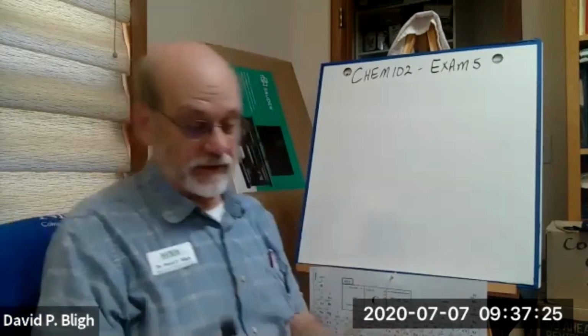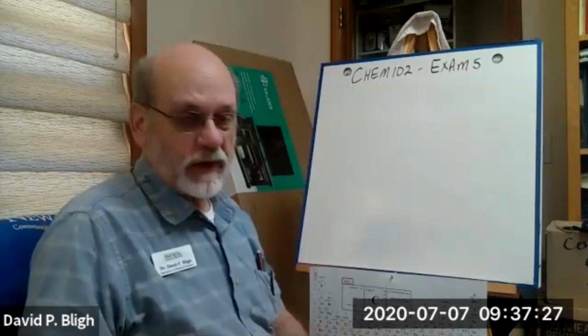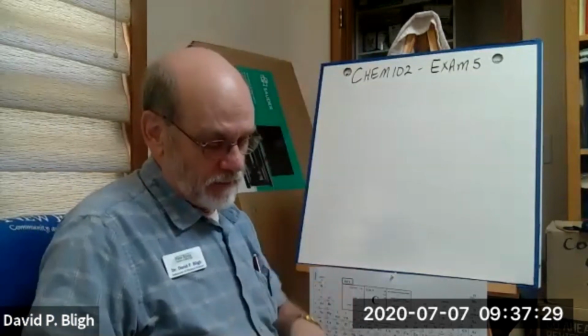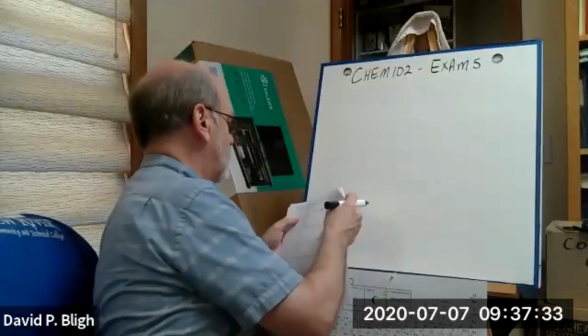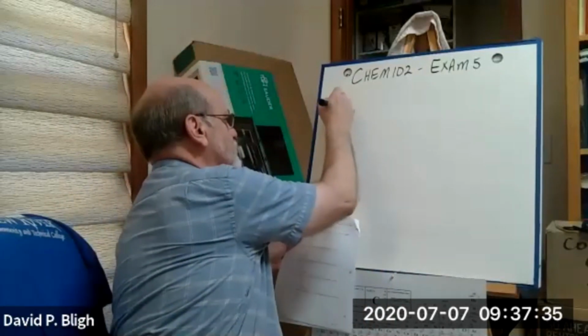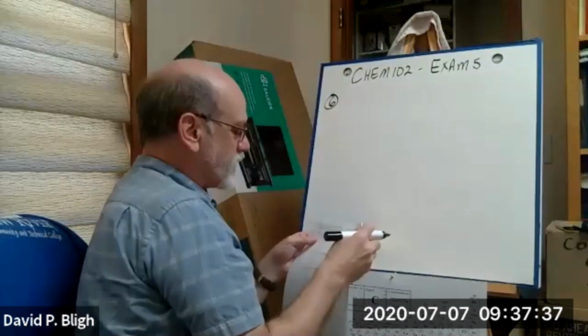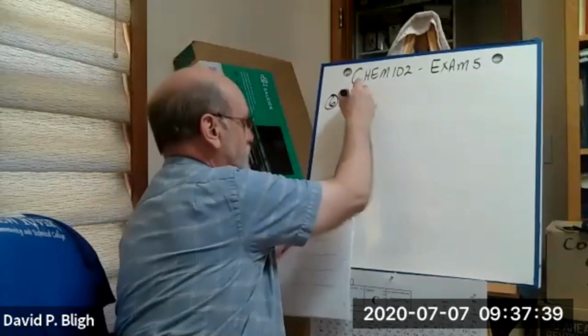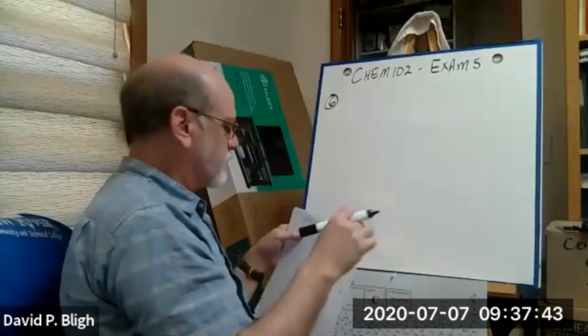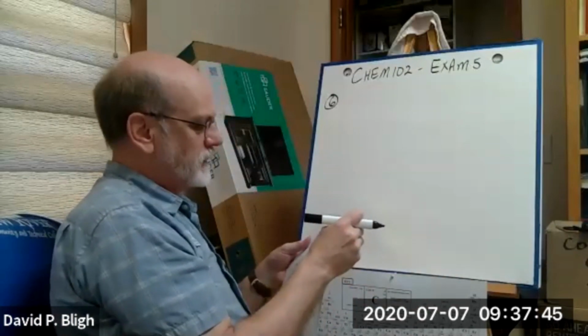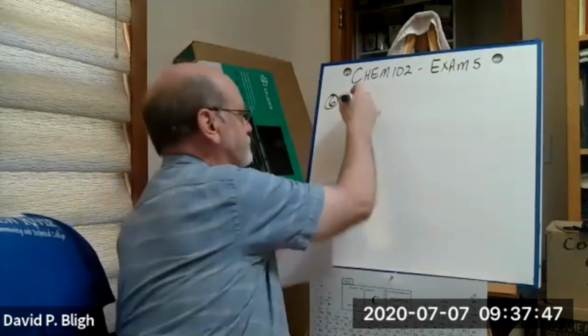Okay, number 6. Now we're getting into common ion effect on solubility. So here with number 6, we're given an initial concentration of, well, let's write the solubility expression first for cesium iodate.